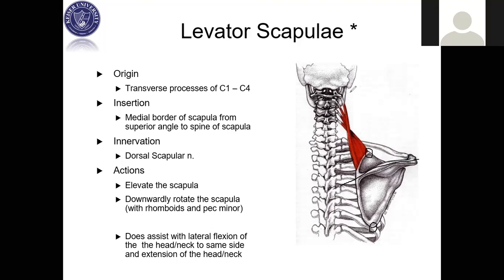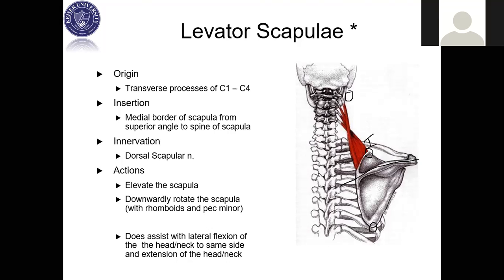So again, here's its origin, and here's its insertion. Now, what I need you to do is picture, it's hard, you've got to start thinking three-dimensionally, guys. This is one of the things that took me a little while to get, but you really have to think in a three-dimensional way.